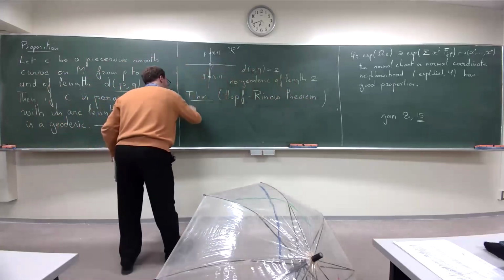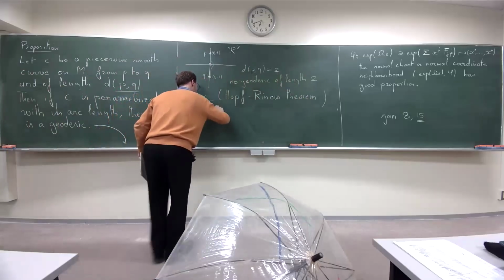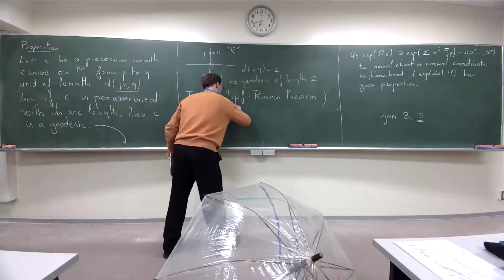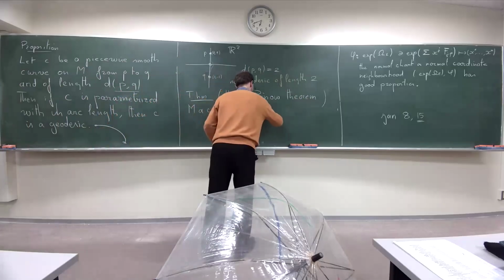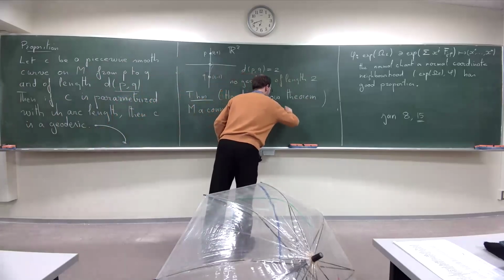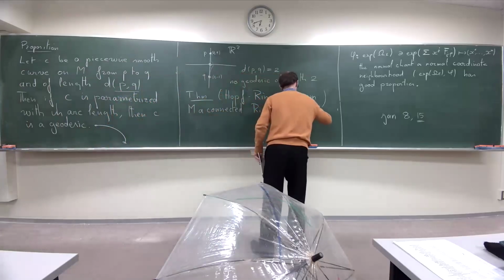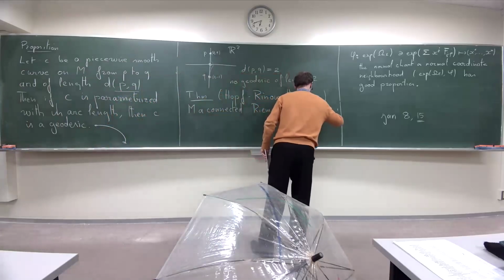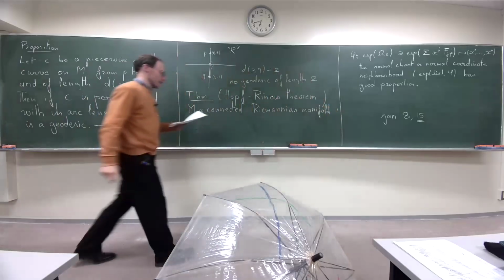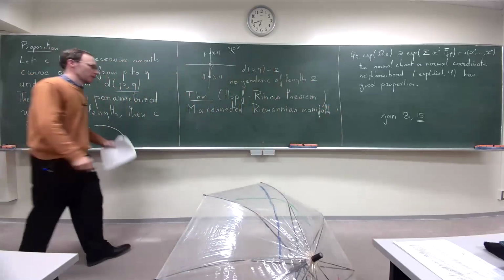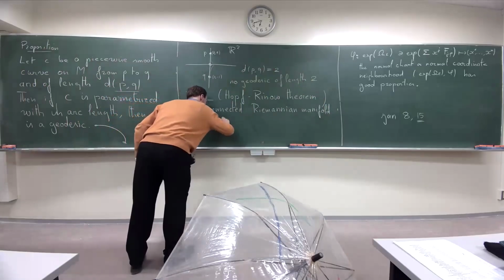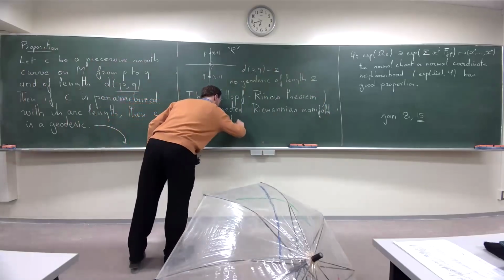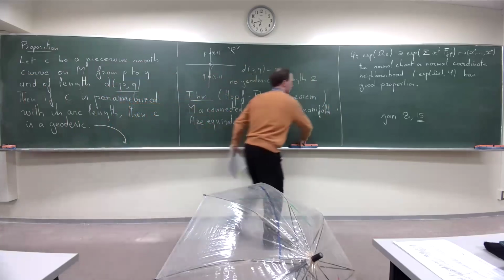So you consider M a connected Riemannian manifold. Connected, remember, it means in one piece. We consider a connected Riemannian manifold, and the following statements are equivalent. There are 4 equivalent statements.